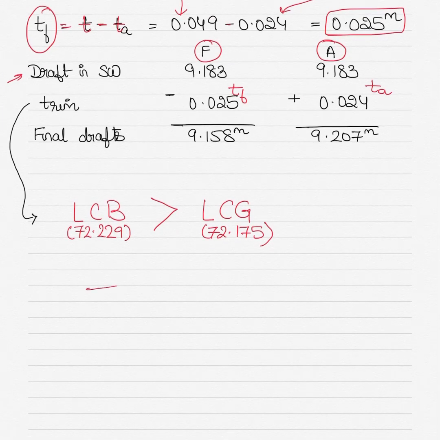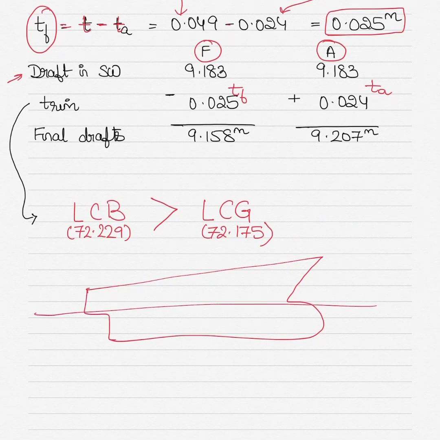So when your ship is in the seawater, your center of buoyancy is forward and center of gravity is aft, relatively. It's not much difference, but I am showing you to exaggerate the difference. It's very closely placed, 72.175 and 72.229, but G is aft of B.